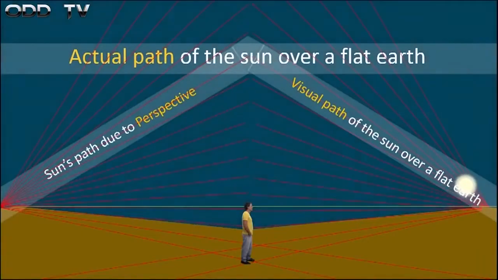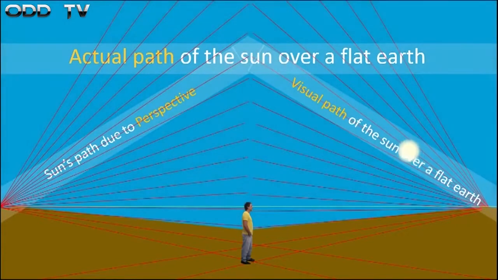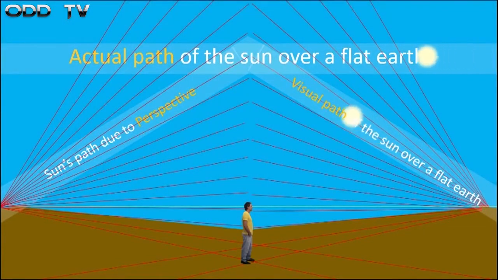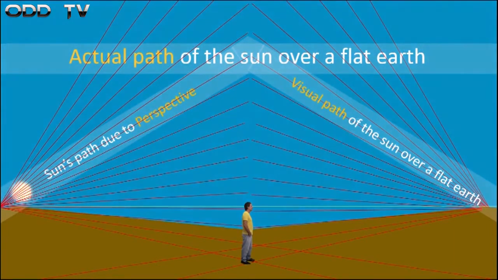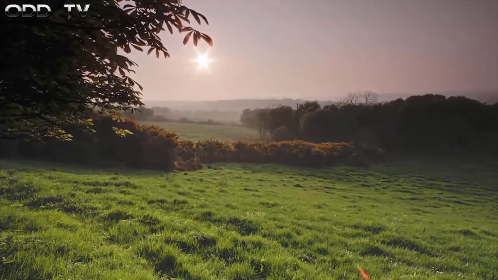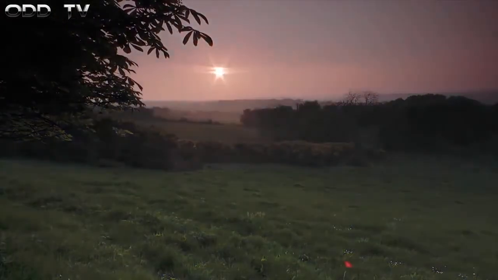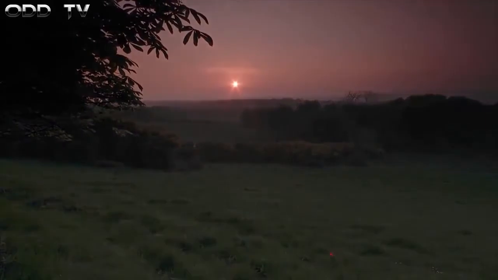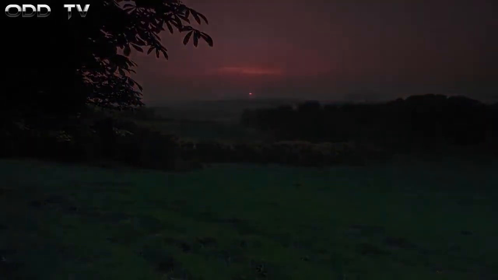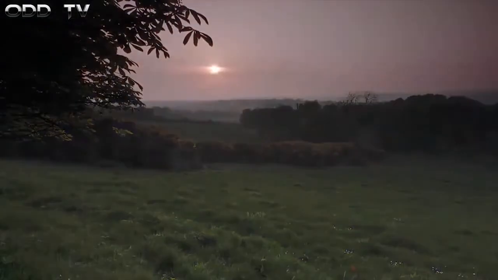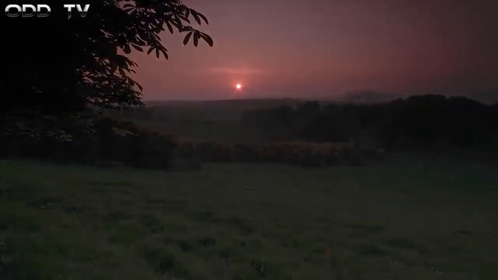What we are seeing here is the actual path of the sun versus what we see because of human perspective. It seems as if it's rising and setting, but it's just coming and going. It's the sun as well as the moon that do the moving across the sky. The earth is not moving whatsoever.